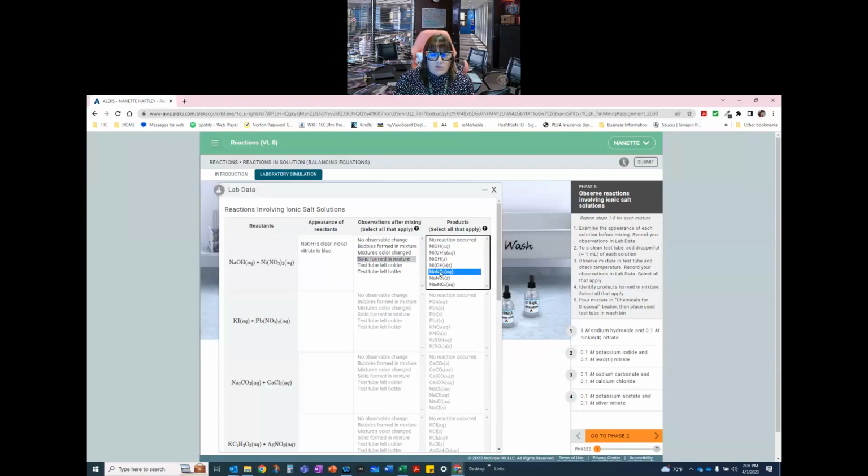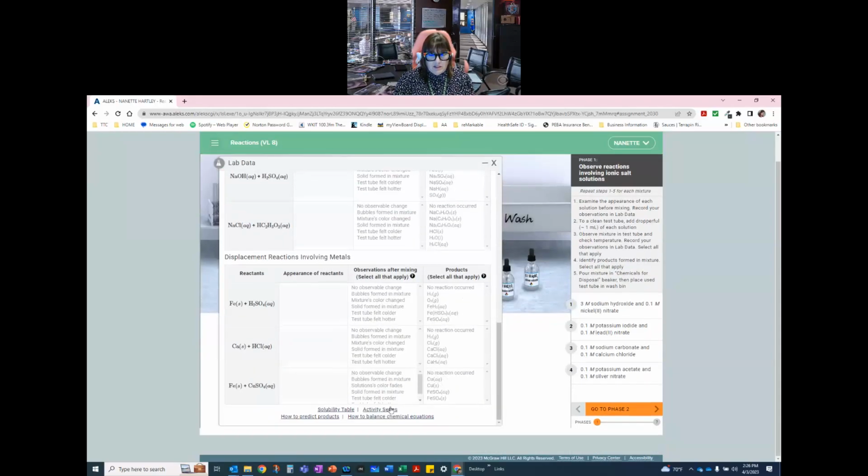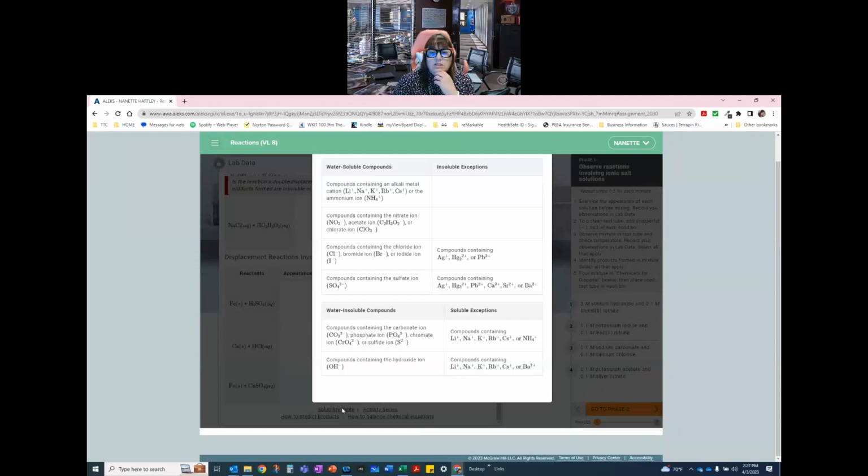Now the other one that I would expect, we would have Ni and OH. If I look at my solubility rules, and I can use the ones that they gave me, I think that there is a link to the solubility table. So you can look at their solubility rules. And what you'll see if you look at water insoluble, compounds containing the hydroxide ion.